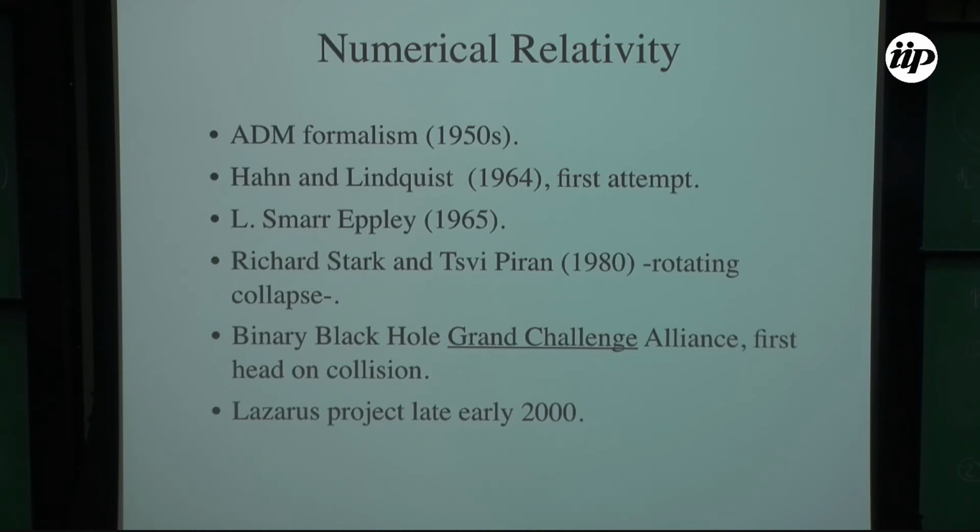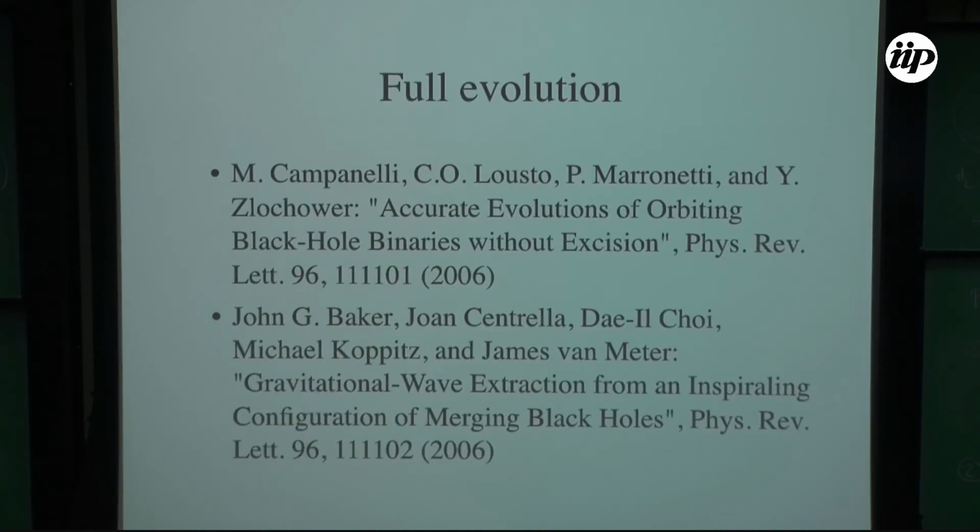That was called the Lazarus project. But the full evolution was only achieved in 2006 by two groups, Campanelli, Lousto and collaborators, who were at the time at our institution, and John Baker, Joan Centrella and other people at NASA Goddard.